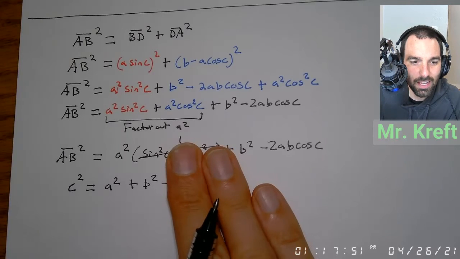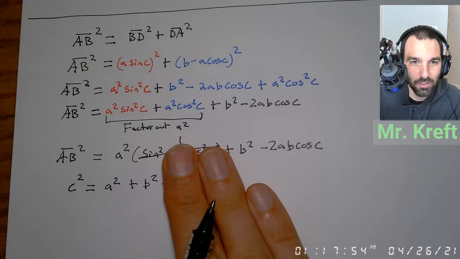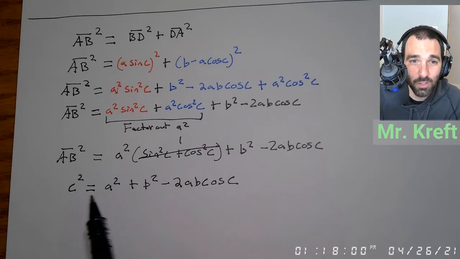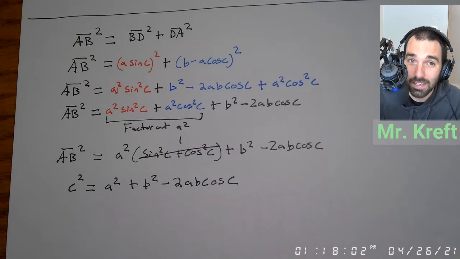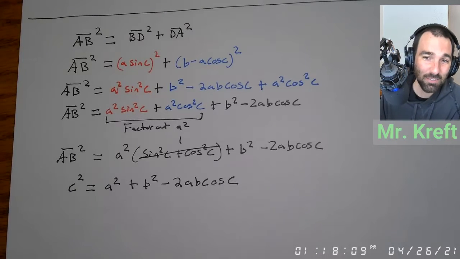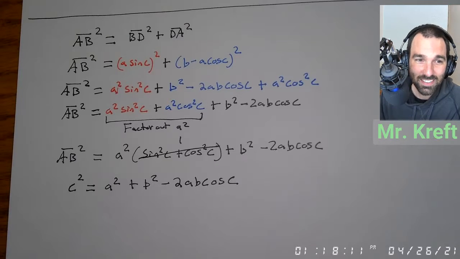Guys, we just showed that Pythagorean theorem works for all triangles. You guys aren't impressed? Law of cosines is basically Pythagorean theorem for any non-right triangle. Yeah, that's pretty cool. You have to give it. You have to be like, yeah, that's pretty cool.